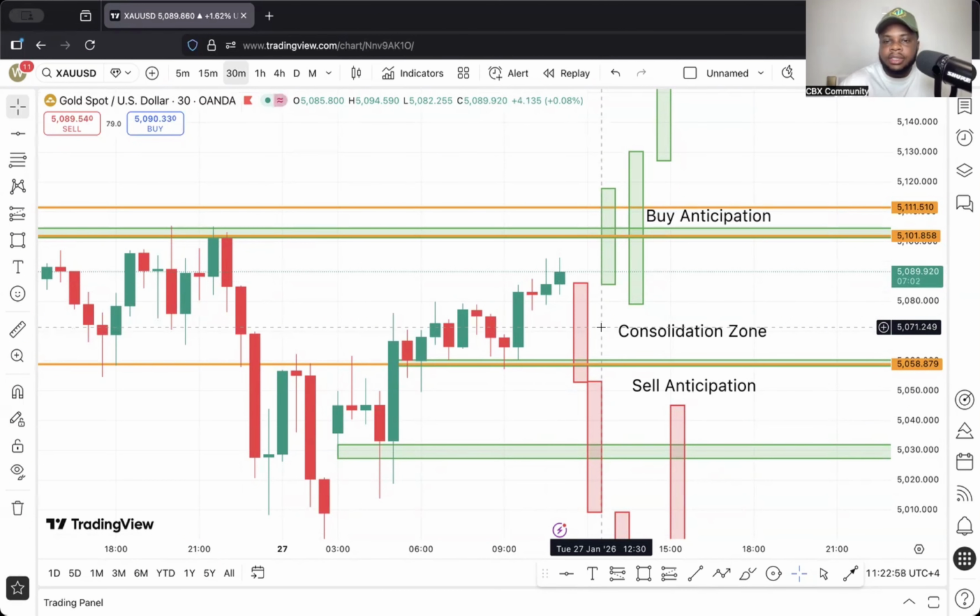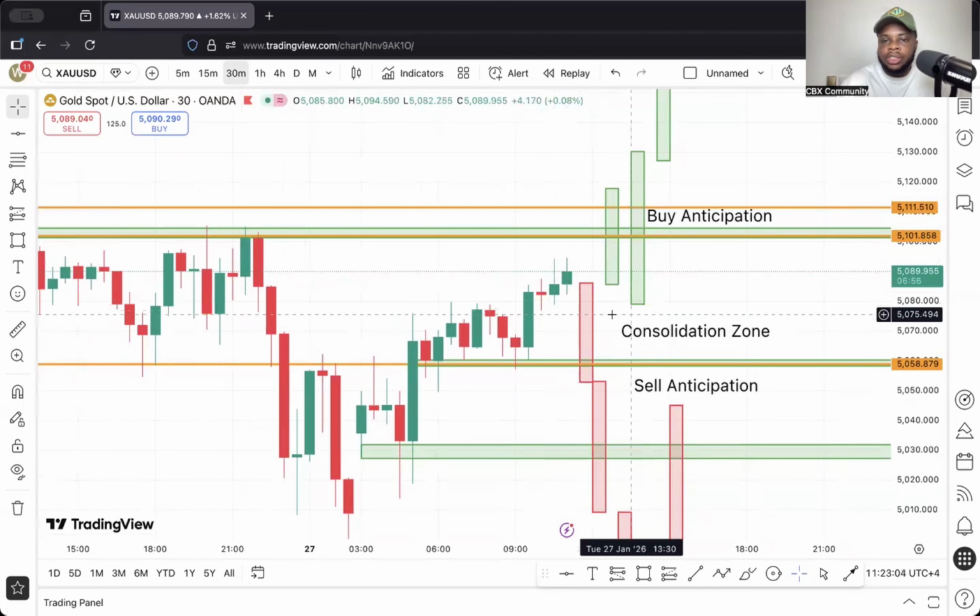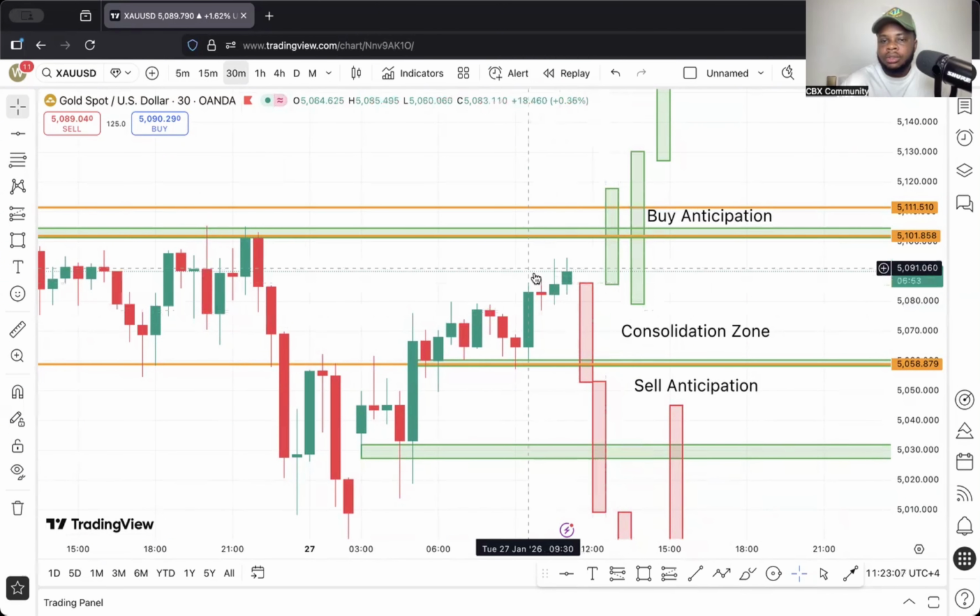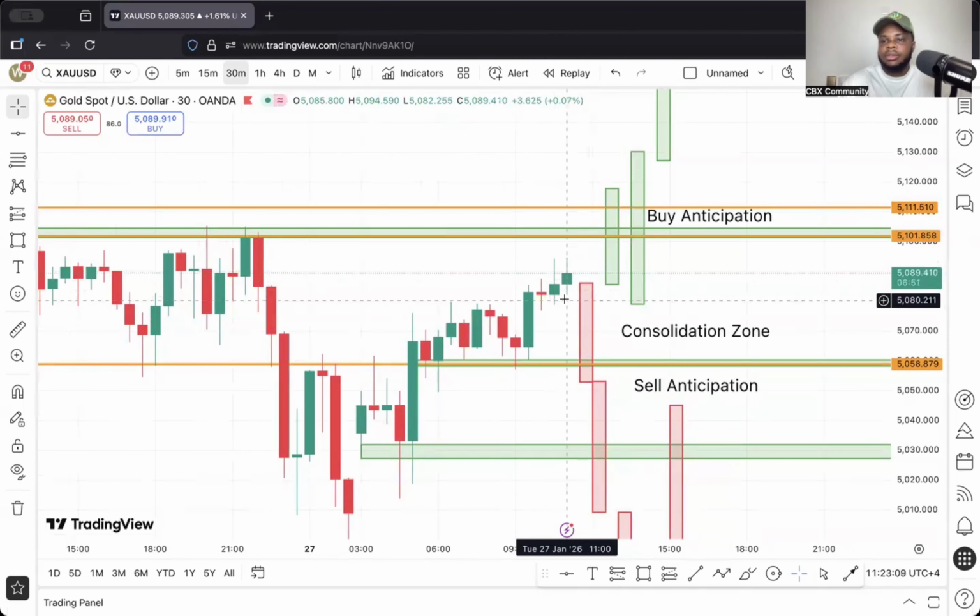So let's see how this 30 minutes candle wants to close, so I'll be able to anticipate what we want the next candle to give to us. Let's see what we are anticipating the market to give to us.